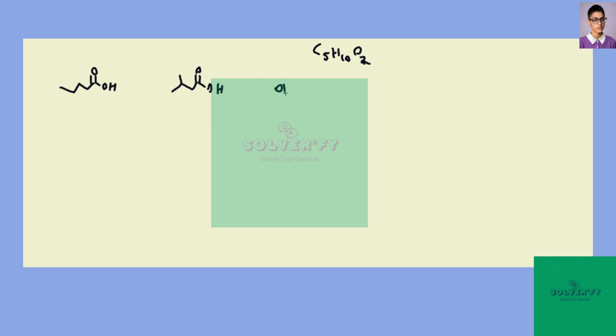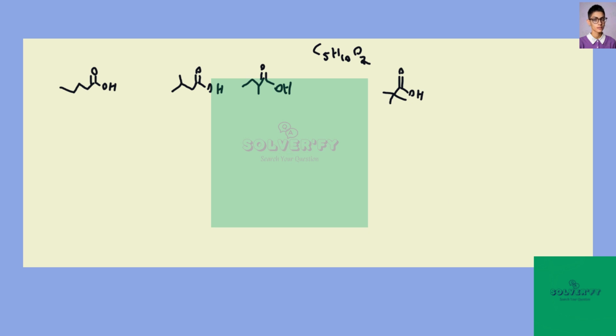So we can draw that one. 1, 2, 3, 4. Methyl coming out here. Alternatively, we can have only 3 carbons and then 2 methyls coming out of the same carbon. So 1, 2, 3. And we have these two. So I think this is all the different isomers that can exist.